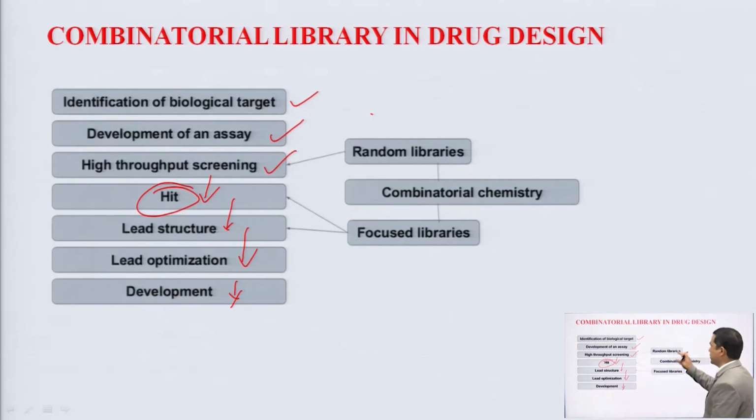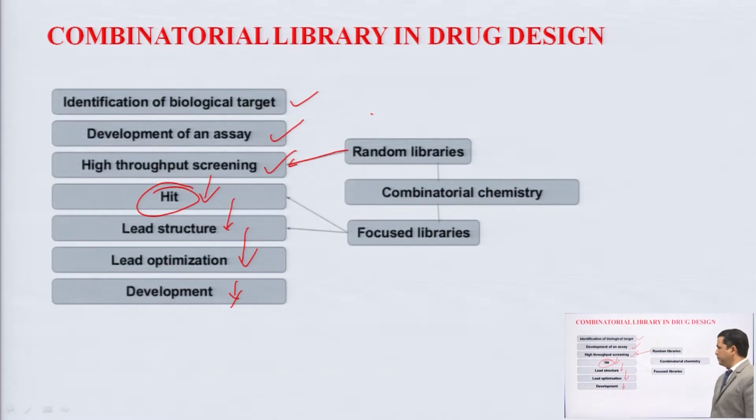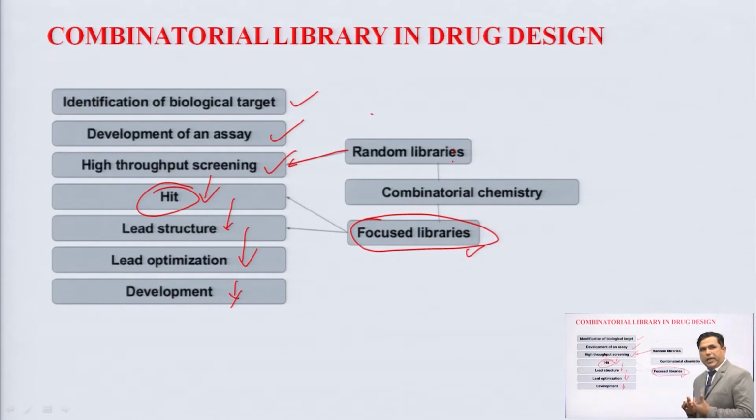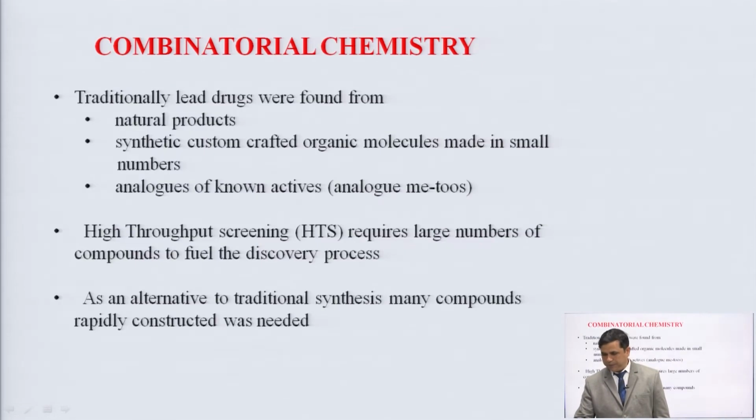From random libraries, we can perform high throughput screening, and we can convert random libraries into focused libraries by applying combinatorial chemistry. From these focused libraries, we can obtain the hit or lead structure in drug design.